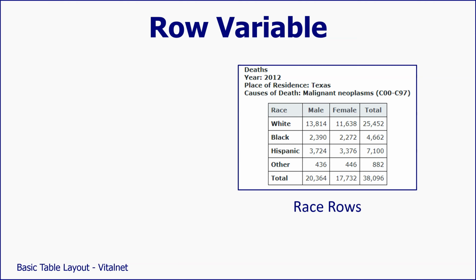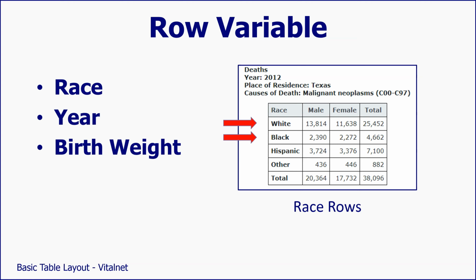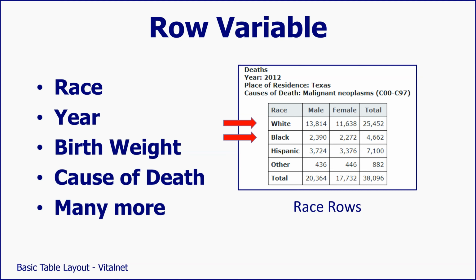Every table has a row variable. The example shown has race rows, white row, black row, etc. Or the row variable could be year rows, birth weight rows, cause of death rows, many more options.